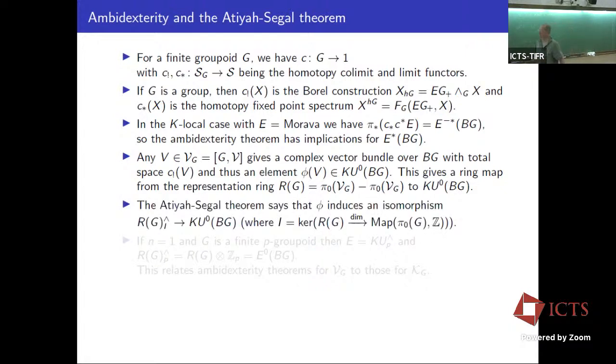And there's not going to be any infinite groups anywhere in these terms. So as I said at the beginning, in this series of talks, we're talking about strict ambidexterity, where the left adjoint is the same as the right.